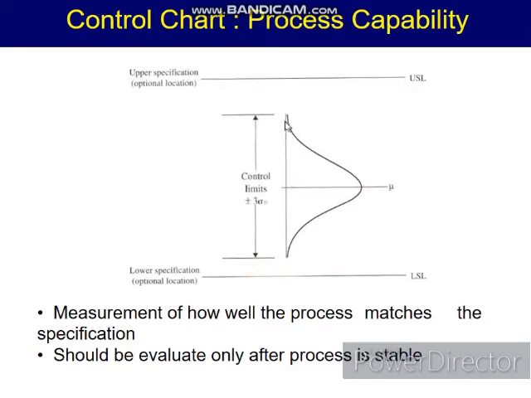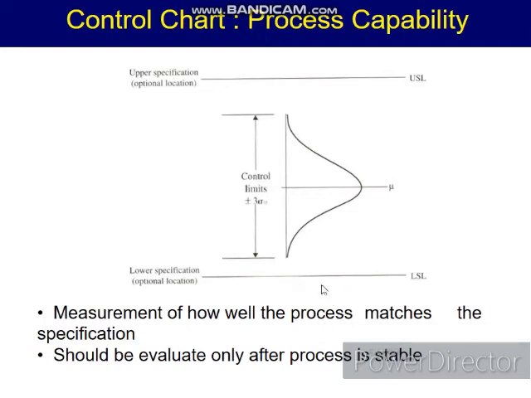If the distribution of the length of the pencil is within plus minus 3 sigma, and if the specification is much bigger compared to what the process can do, then you are saying that the process is capable, because you can produce product that actually meets the specification requirement. That's what process capability is all about.